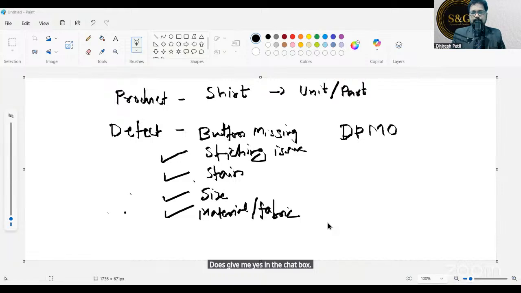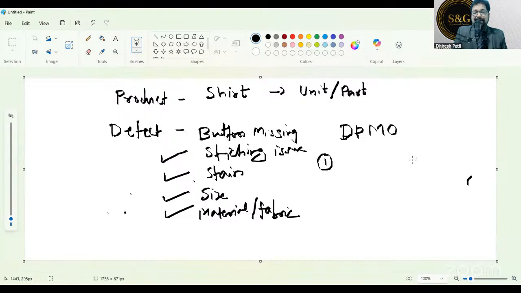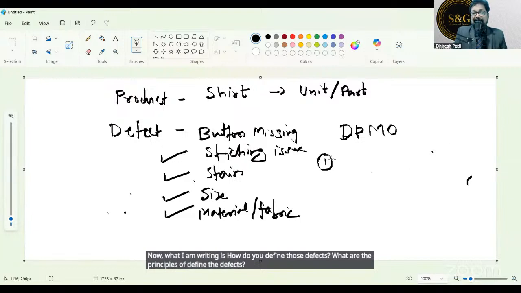Super, amazing. Chalo, so what are the major three factors we need to consider while defining the defects? The first one is, it should be critical to the customer. What I'm writing is, how do you define those defects? What are the principles of defining the defects?